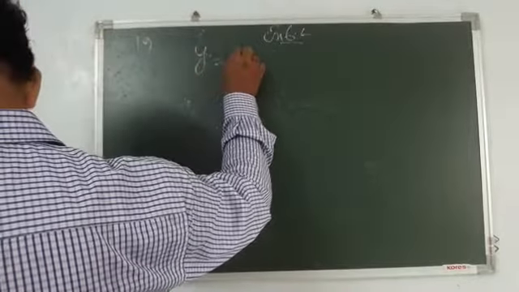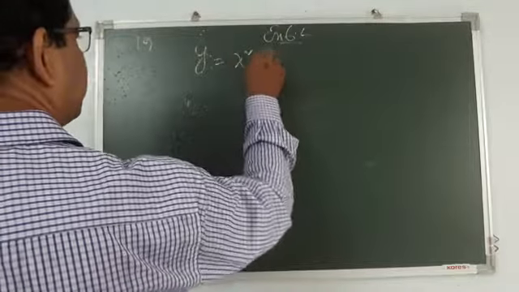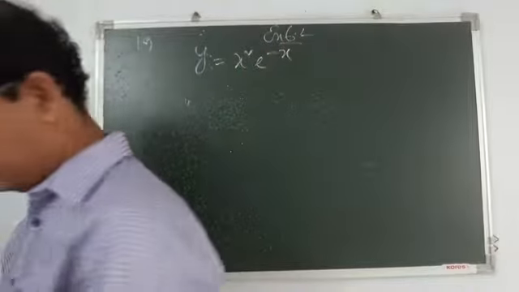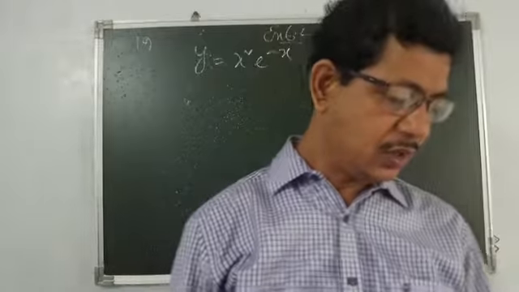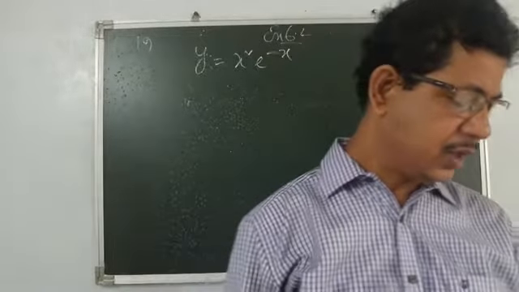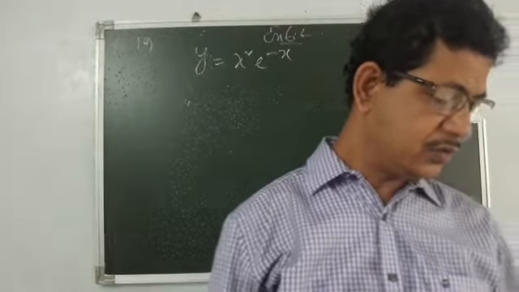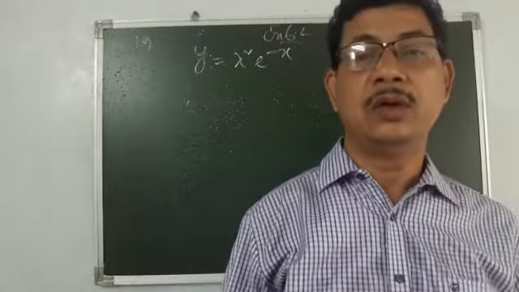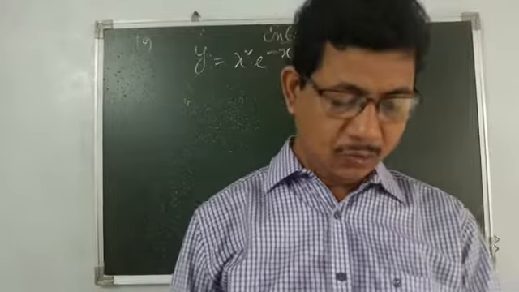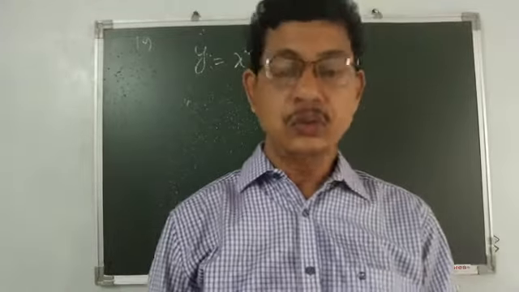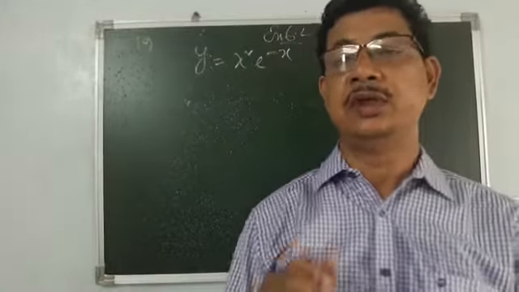Instead of giving f(x), they have given y. So y = x square into e to the power minus x, and it is increasing in which interval: minus infinity to infinity, or minus 2 to 0, or 2 to infinity, or 0 to 2.